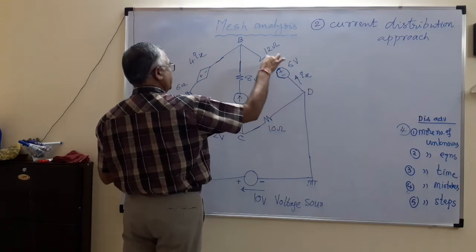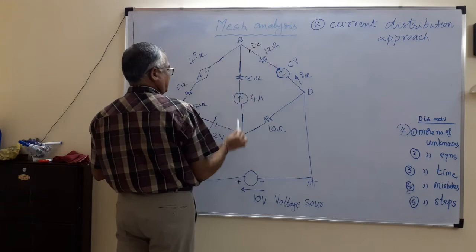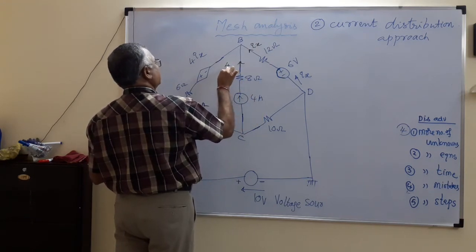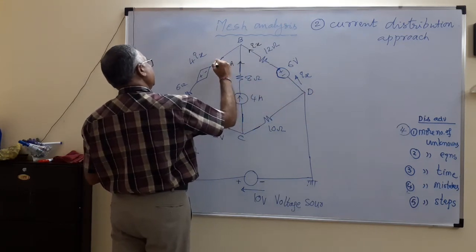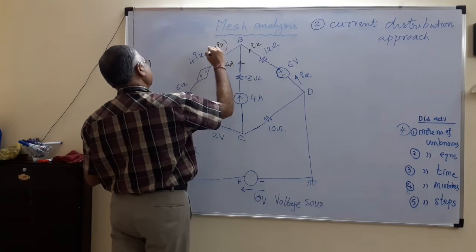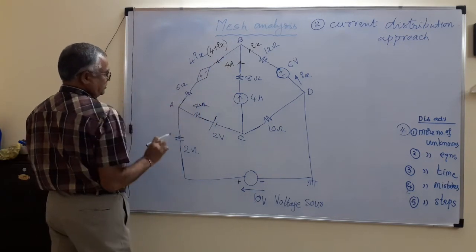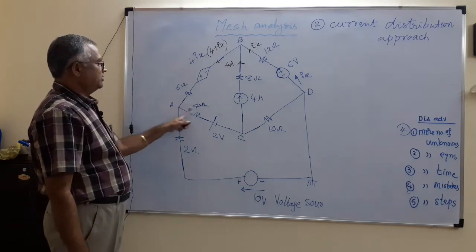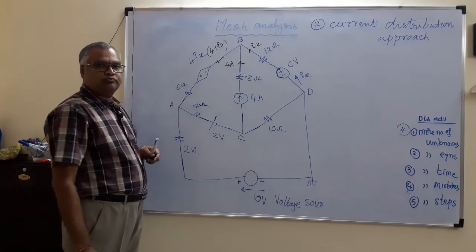We know this current Ix already, na? This current 4 ampere we know already. This is 4, this is Ix. What is this? Obviously 4 plus Ix, coming up to here. Then currents dividing. Current in this is not 2 by 4, current in this is not 10 by 2.